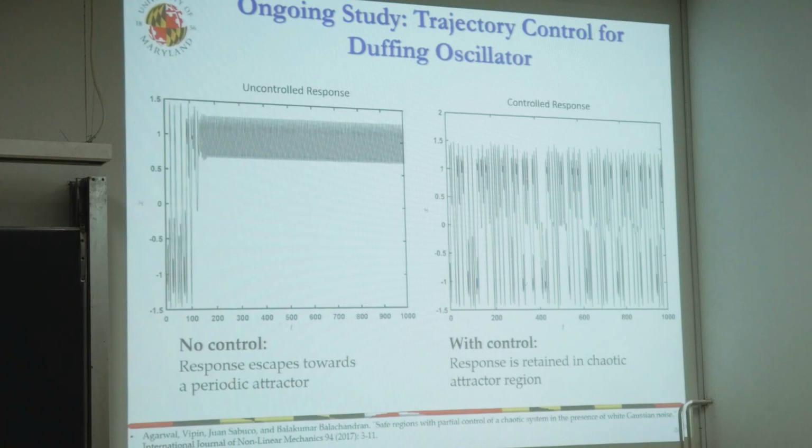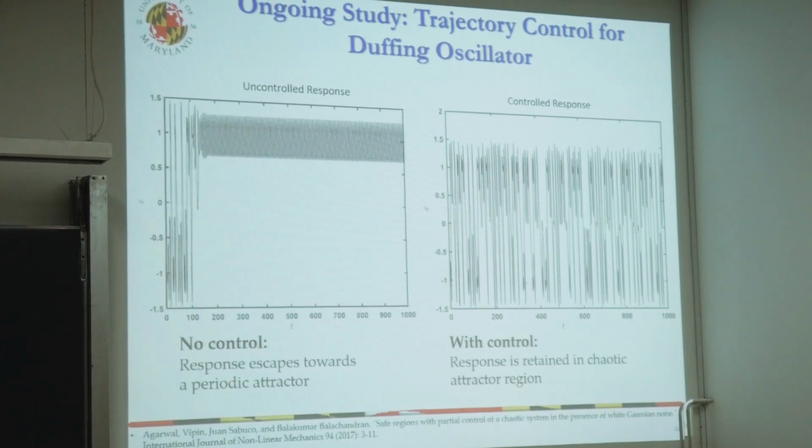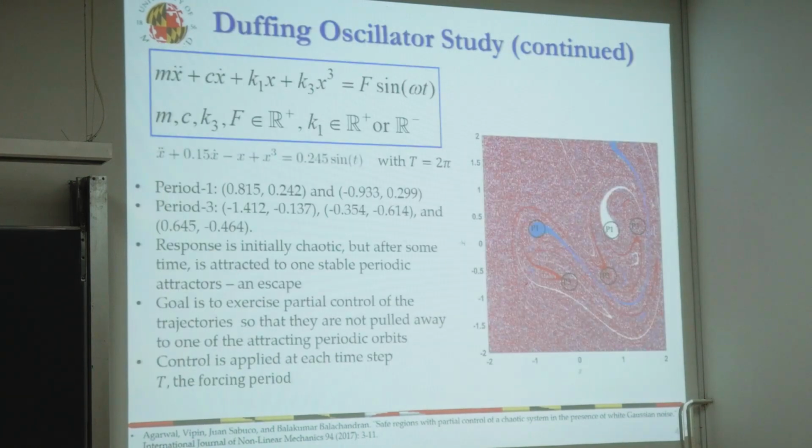In the experiments that you saw with the Duffing oscillator before, this is one example of what happens. If I move it to a chaotic region, it shows transient chaos before it comes out and escapes to a periodic response. So the question is, with control, can I still keep it in a chaotic regime? That's the type of question we'd like to answer.